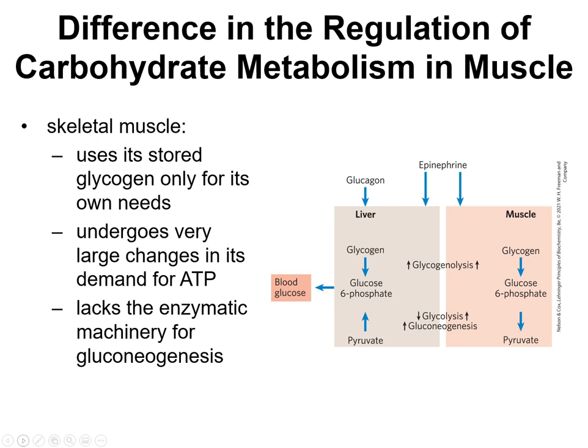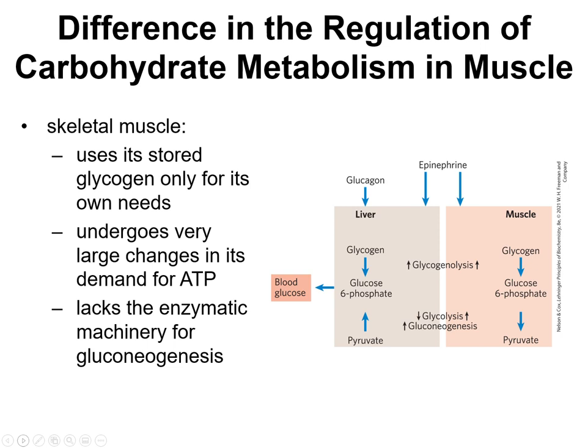Skeletal muscle undergoes really big changes in its demand for ATP. So if you're just sitting down, listening to a lecture, taking notes, you're not really doing a whole lot. But then somebody comes in and scares you. Maybe you scream, maybe you jump to your feet and run, right? So that's a pretty big change in demand.